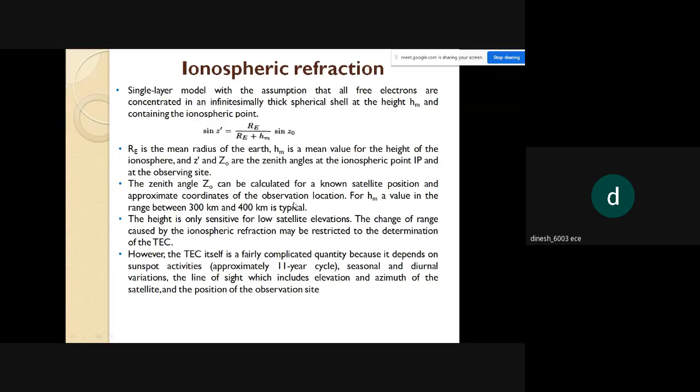So if you want to find the ionospheric effects from the Earth's surface, an ionospheric height of about 300 to 400 kilometer is a typical range where we can get good efficiency.